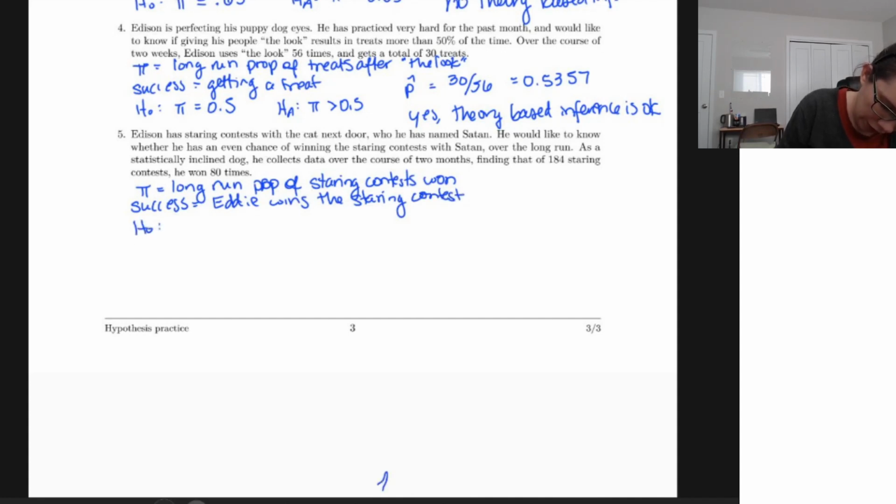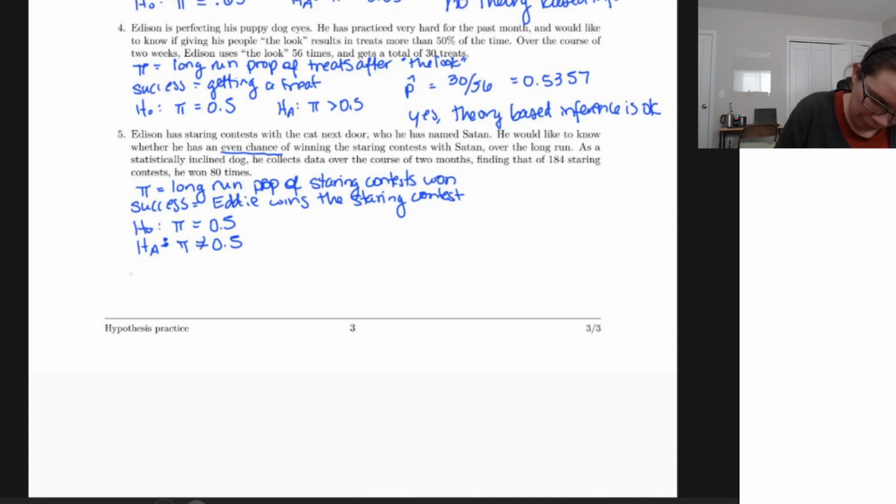H0 is pi equals 0.5. HA is, so if he has an even chance of winning, so that's going to be pi not equal to 0.5. Okay, so even chance, we care about whether it is equal to 0.5, so the alternative is it's not.